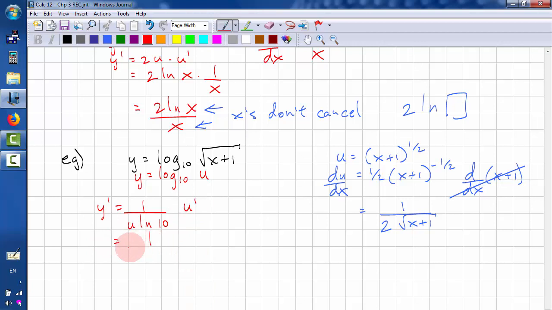So we have 1 over u ln 10, and we can also look at this as 1 over 2u. So we have 1 over 2. Since u is the square root of x plus 1, now we just have x plus 1, because we have u squared, and ln 10.